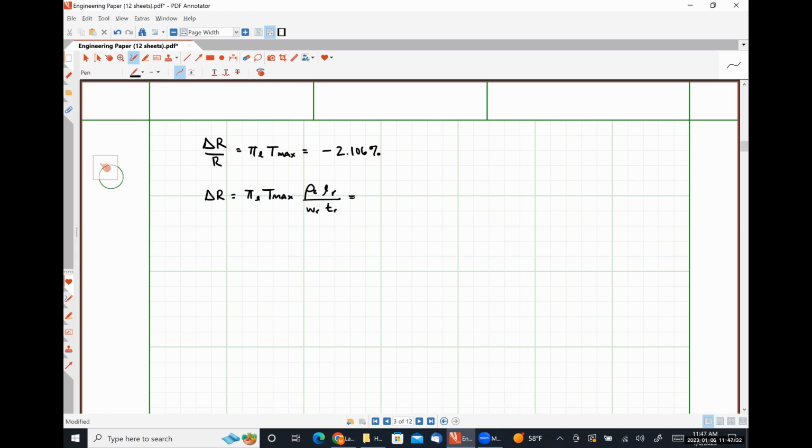And in this case, numerically, this comes out to be about negative 19.712 kilo ohms. So inferring from this, our designed resistor is somewhere in the ballpark of a 1 mega ohm resistor, based on its dimensions and the given electrical resistivity.